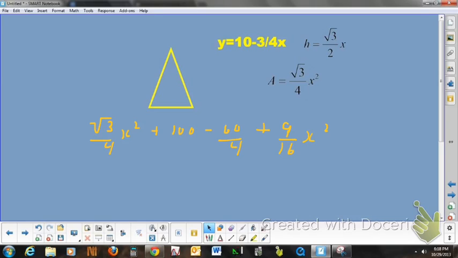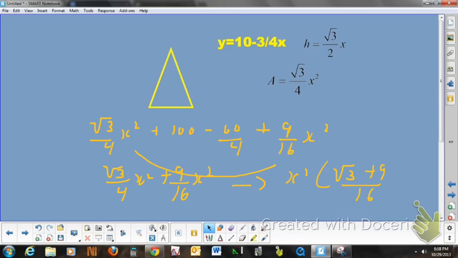So now we've got to regroup things. 3/4 the square root of 3 x squared plus 9 over 16 x squared can become, we'll take out the x squared, and we'll get the square root of 3 plus 9 all over 16.